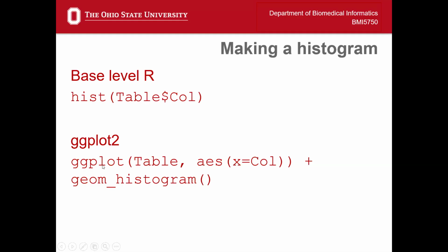With ggplot2, we initialize our plot, we tell it our table, and in aesthetics, we only have an X value. We tell it what column we're using. And then we add on our geom_histogram declaration, saying we're plotting a histogram here. And at the base level, that's all you have to do. It's going to use a default bin size.